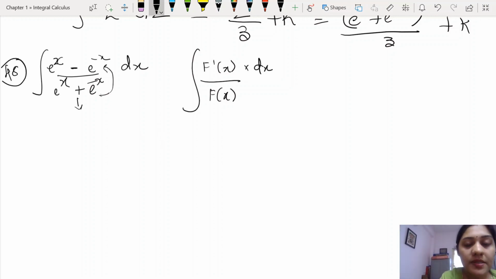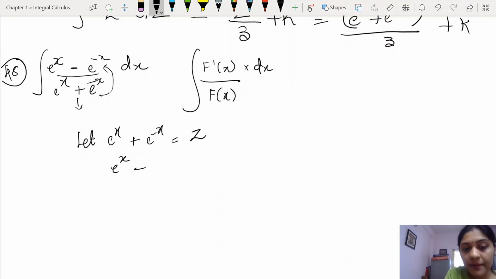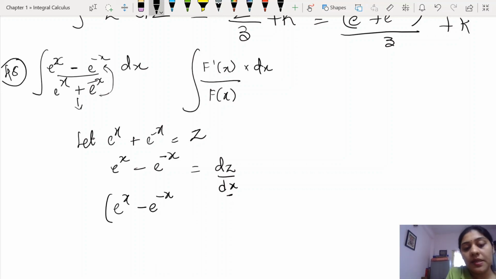So let me say let e power x plus e power minus x equal to z. Now if I differentiate both the sides, I'll get e power x minus e power minus x is equal to dz by dx. Now this dx, you take it to the left hand side. E power x minus e power minus x, close the bracket, put a dx is equal to dz.